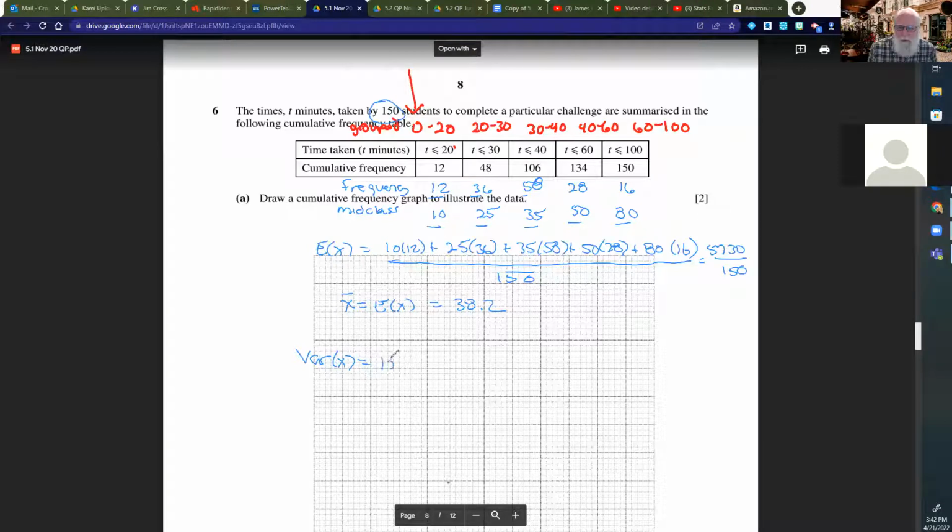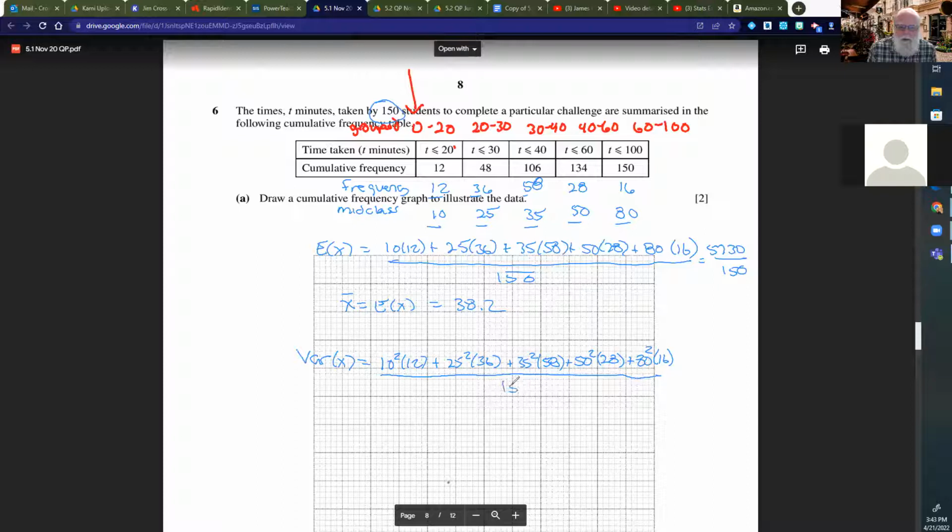So it's going to be 10 squared times 12 plus 25 squared times 36 plus 35 squared times 58 plus 50 squared times 28 plus 80 squared times 16. All right, now that's all going to be divided by what number?